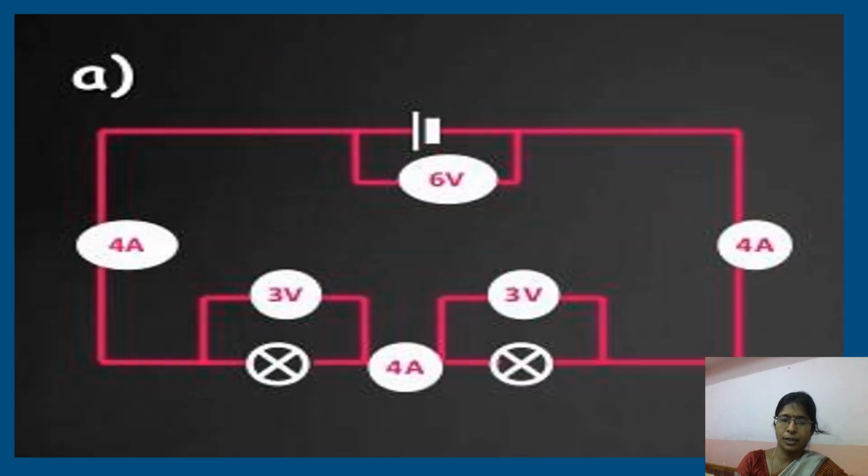Let's see whether we are correct or not. Yes, the current is 4 amperes, and at this point also 4. Here also it is 4. So we are right in measuring the current. What about voltage? 6 volts, 3 volts and 3 volts. It's divided into 3 and 3. So it's shared as 3 volts and 3 volts.